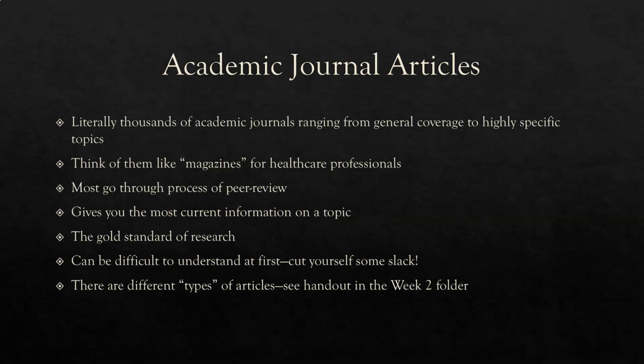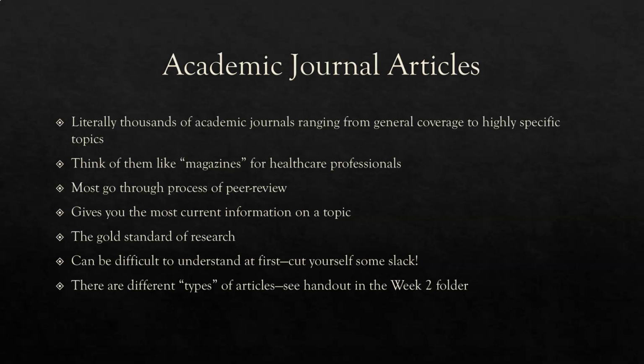There are literally thousands upon thousands of academic journals that range from general coverage to highly specific topics. And again, like I mentioned, try to think of them like magazines for healthcare professionals.